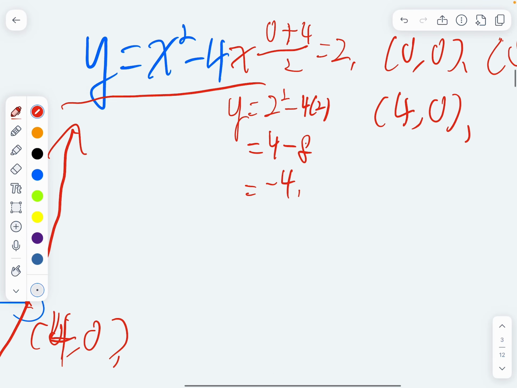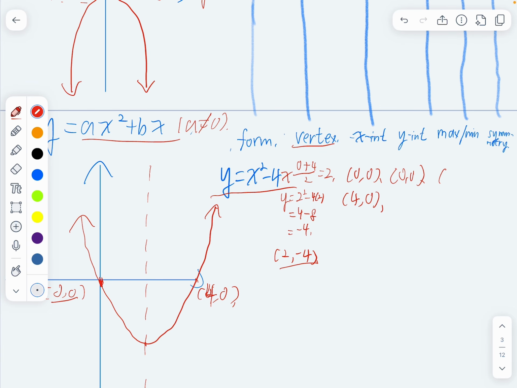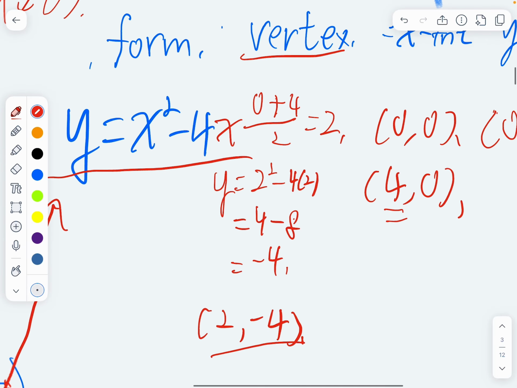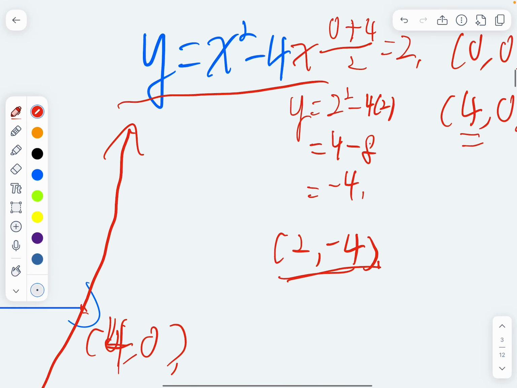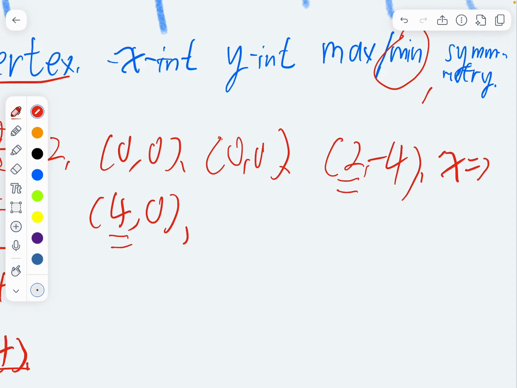So the vertex point is (2, -4). Since the graph opens upward, (2, -4) is the minimum point. The symmetry line goes through the vertex point, so x equals 2.